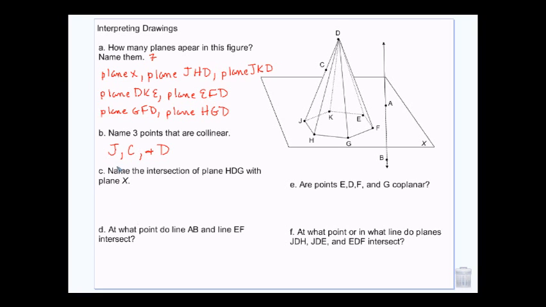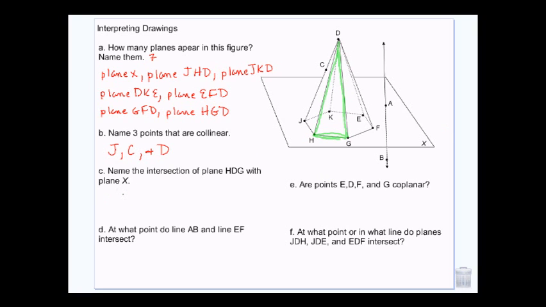Okay, we're going to name the intersection of plane HDG with plane X. HDG is this front right here. For now I'm just going to highlight it. Do you guys see that HDG? Where is this intersecting plane X? Plane X is the floor, essentially. HG.